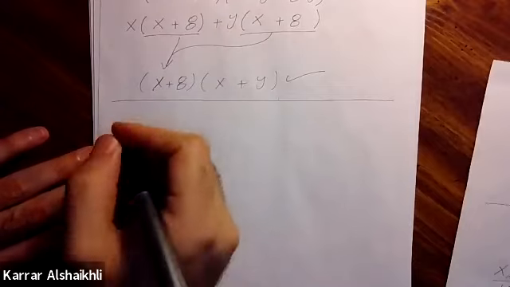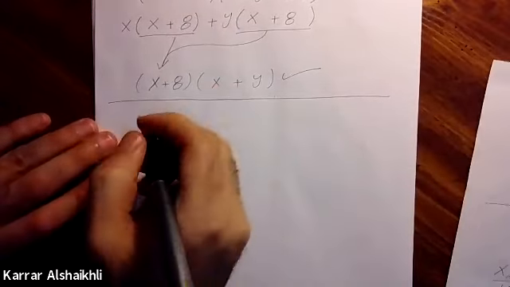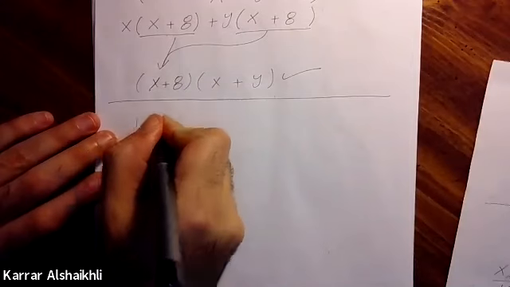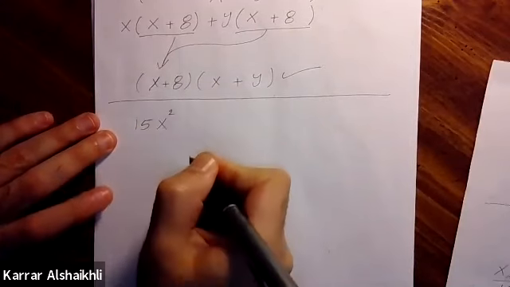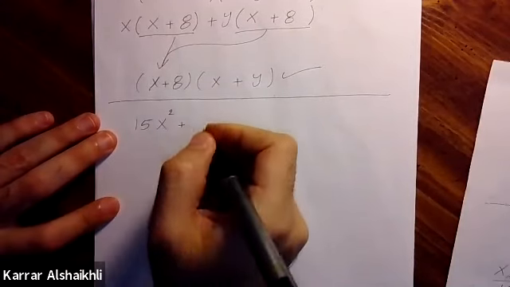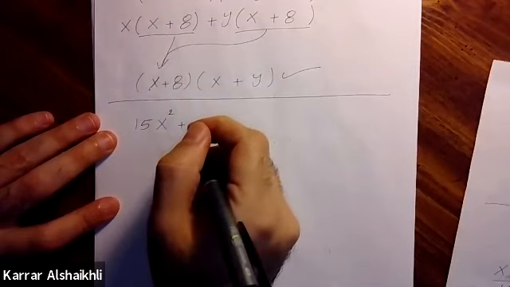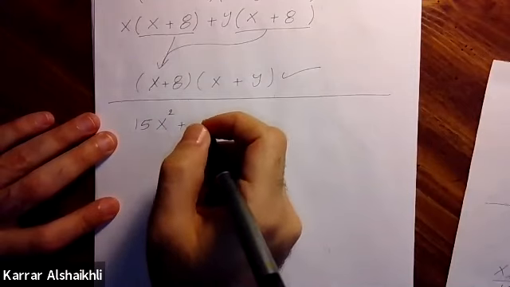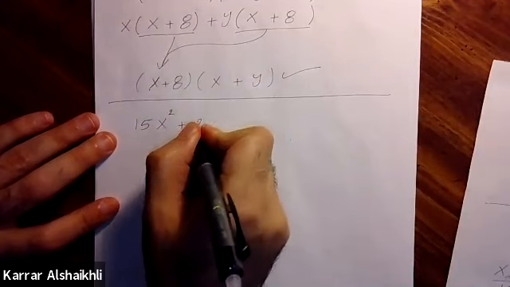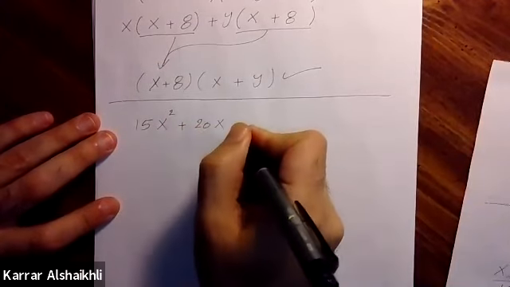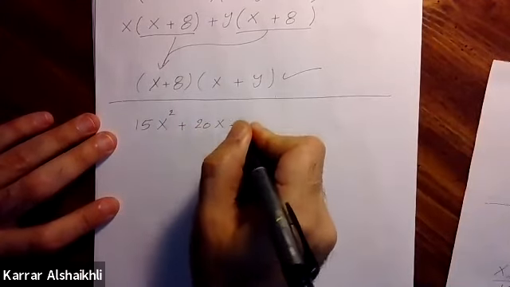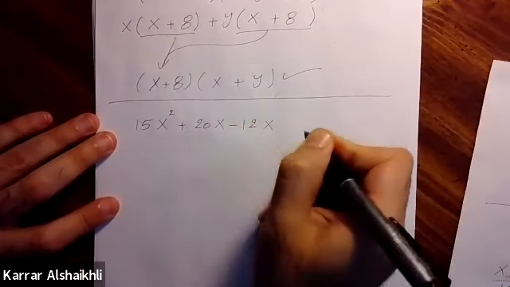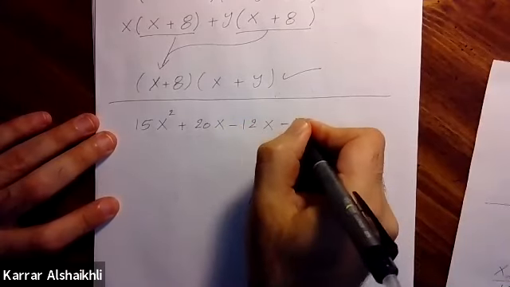So if we have 15x squared plus 20x minus 12x minus 16.